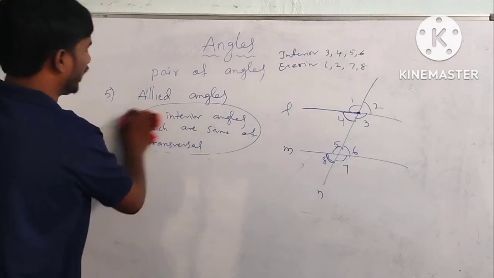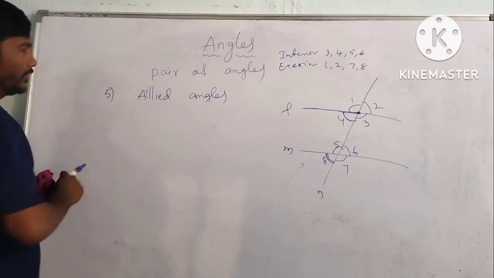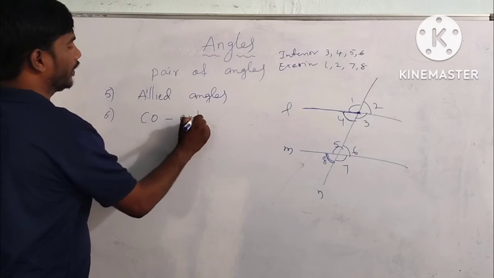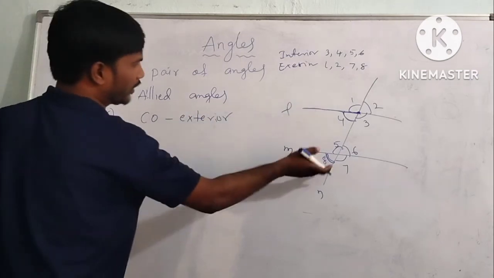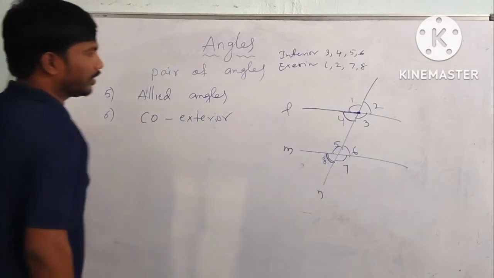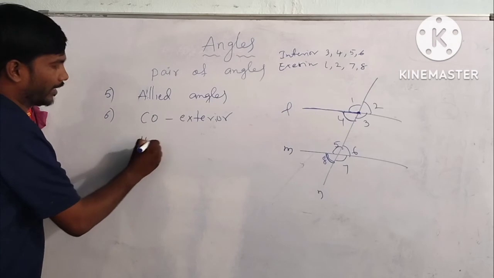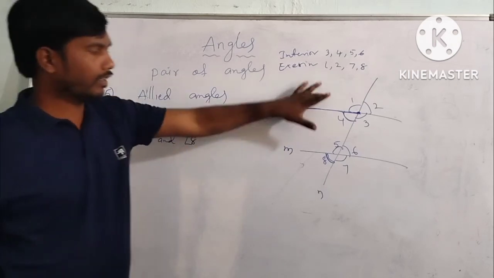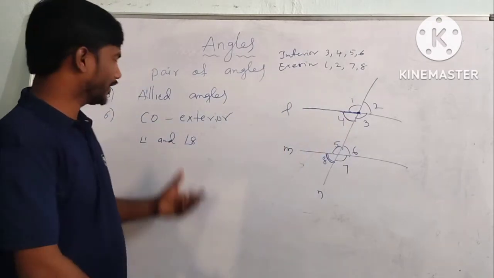At the same time, co-exterior angles. Co-exterior: simple, same side of the transversal, outside of the lines. Angle 1 and angle 8, same side of the transversal, both of them exterior.